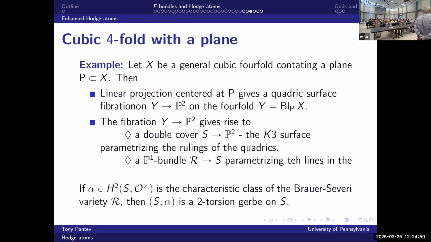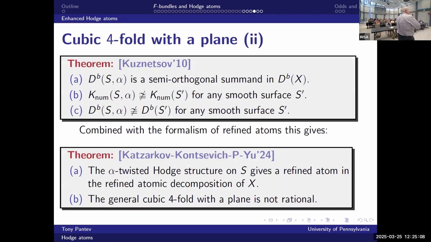The fibration gives rise to a double cover of the base of the net of quadrics, which is the K3 surface. Then you have a universal ruling over that K3 surface, which is a Brauer-Severi variety, and so you get the two-torsion gerbe on that K3 surface.